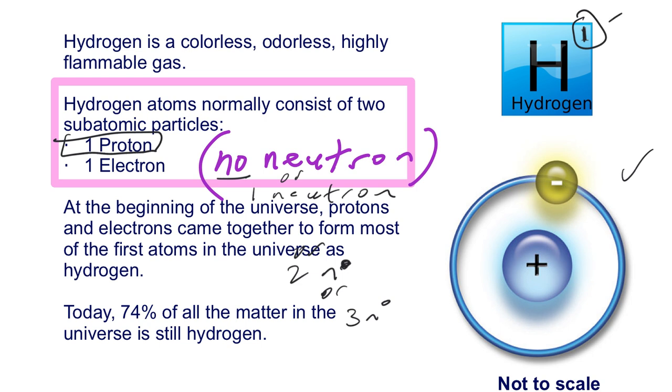So this is called the proton number, is the code number, is the element identity number. If that number changes, so will the element. There won't be hydrogen anymore.